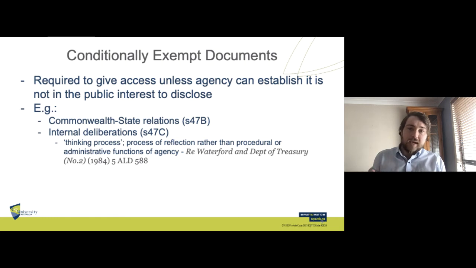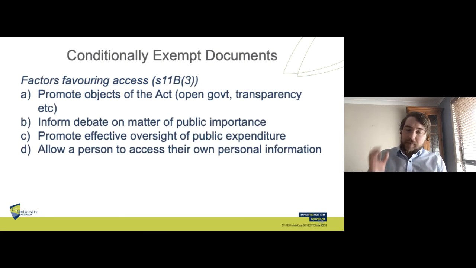Section 11B lists some of the factors that would favour access. So factors that would weigh on the side of the agency having to disclose that information. And so those are quite broad, promoting the objects of the Act. So coming back to those ideas of open government and transparency.